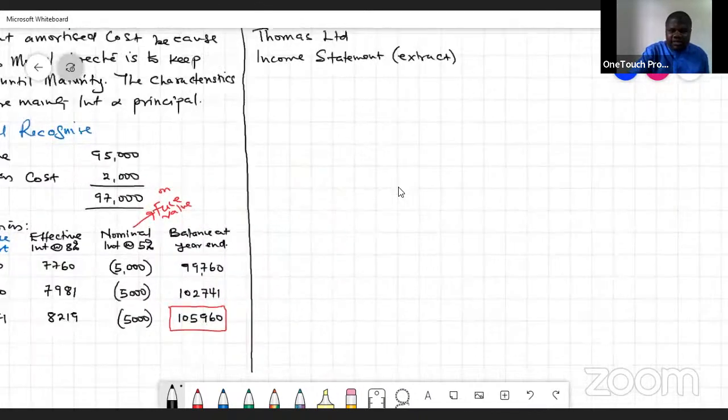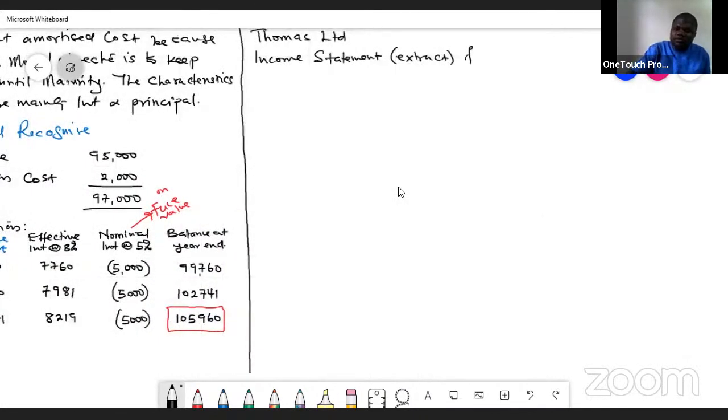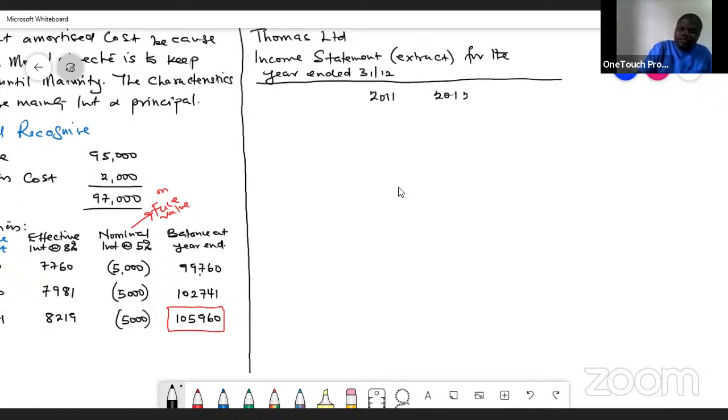Income statement extract for the year ended 31st December 2011, 2012, 2013.